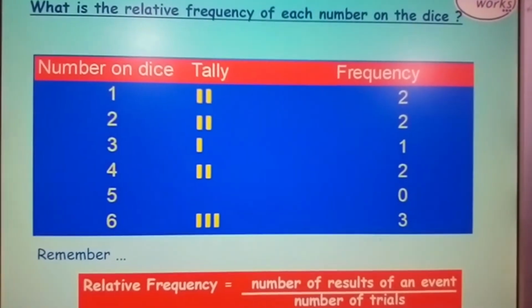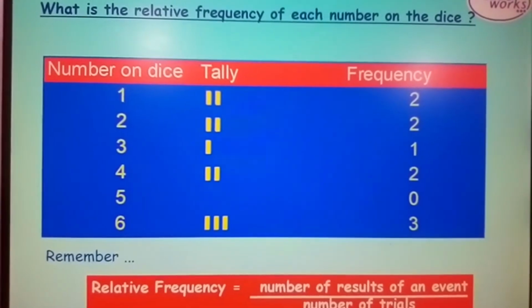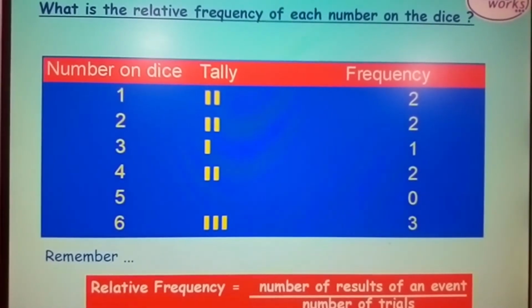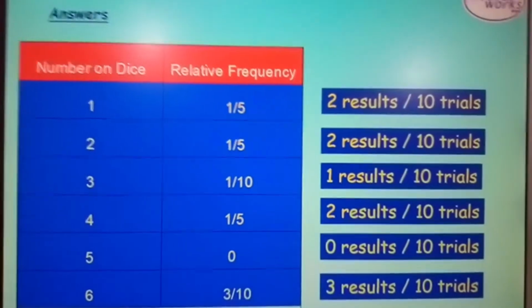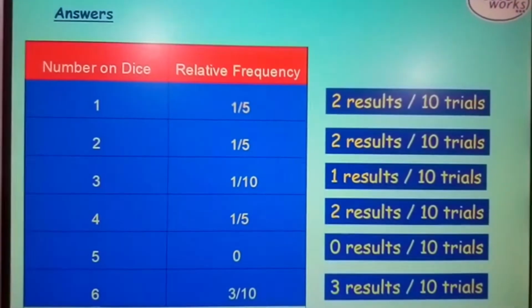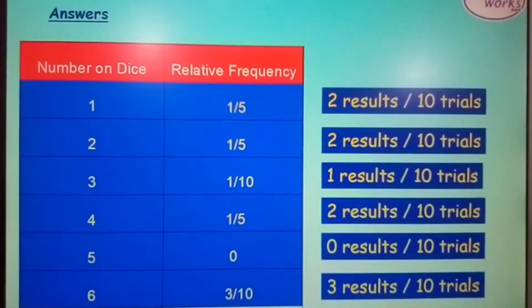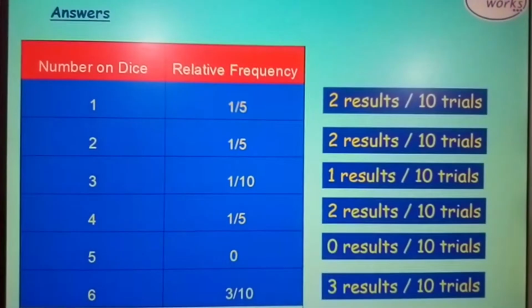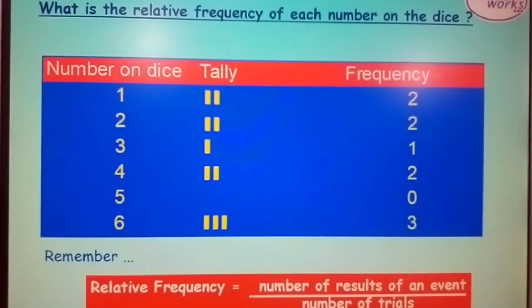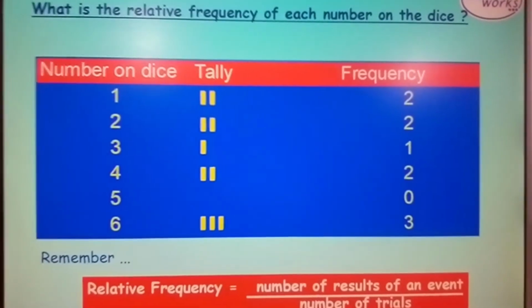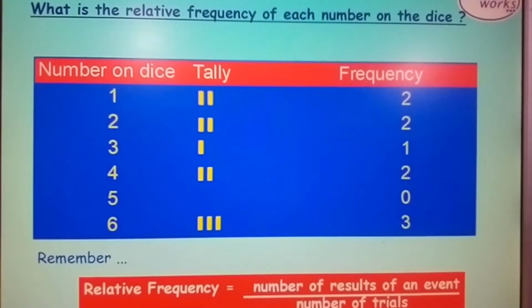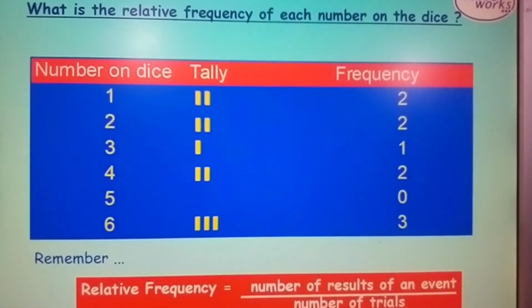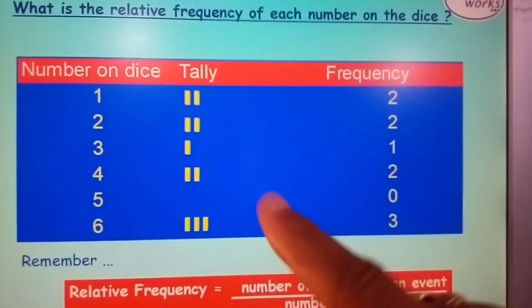Make sure we're in frame. Right, let me just go back a little bit so you can see where this is coming from. Now, what is the relative frequency of each number on the dice? We know the number on the dice is 1, and that appears twice.